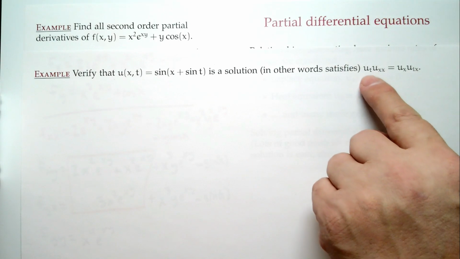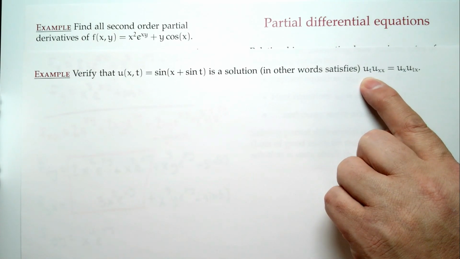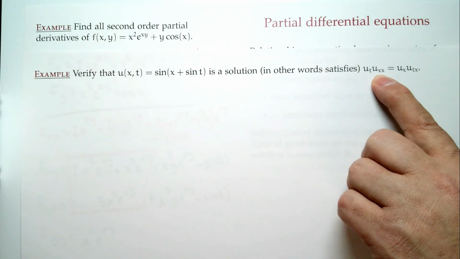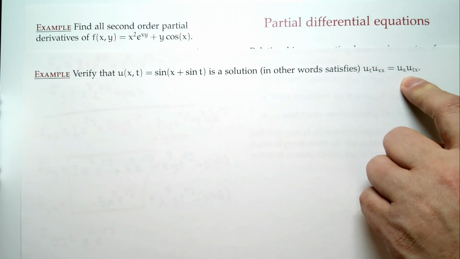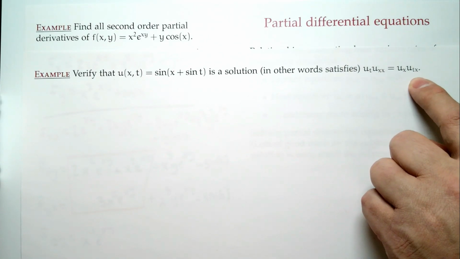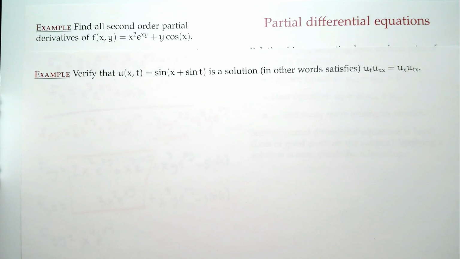You find these terms. You find the derivative with respect to t. Find the second derivative with respect to x. Again, find the derivative with respect to x. Find the second order, first with respect to t, then with respect to x. Multiply everything together, and you ask yourself, are they the same? And if the answer is yes, it's verified.